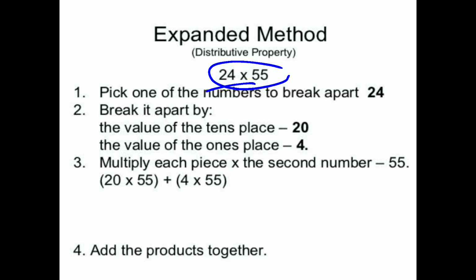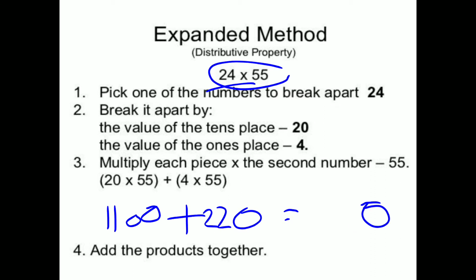Then you have to add the products together. Its answer will be 1100, and the answer of 4 into 55 is 220. So now add it: 1320. Clear? Like this manner we do it.